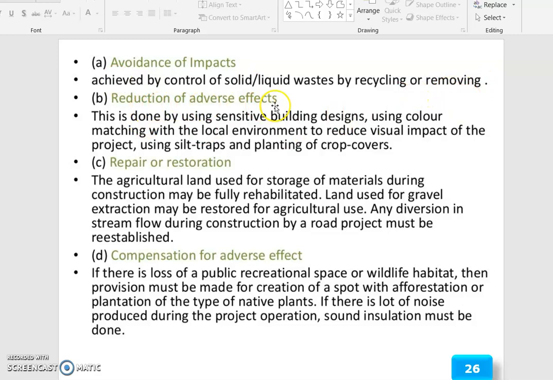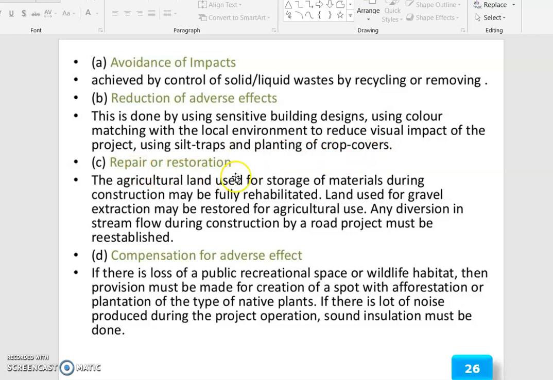Reduction of adverse effect. This is done by using sensitive building design, using color matching with the local environment to reduce visual impact of the project, using silt traps and planting of crop covers.